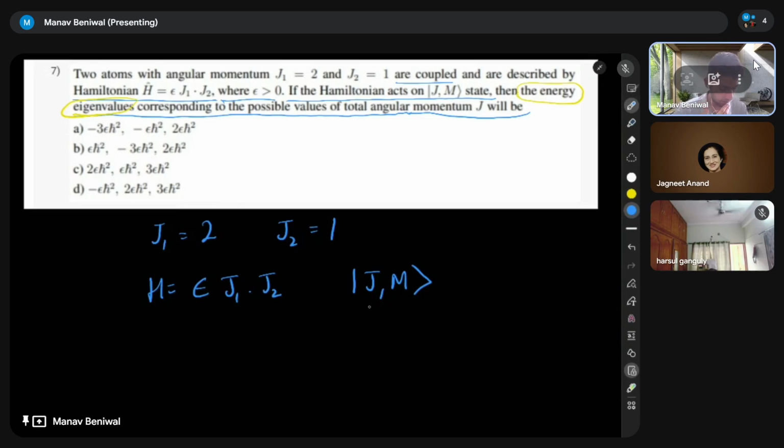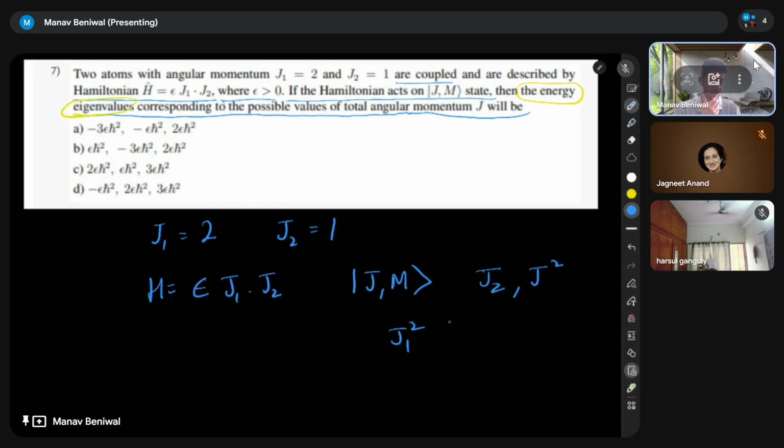This is our basis states, right? And what defines these basis states? These are defined by jz or j square, these kind of things. Correct? So basically, this j comma m state is not an eigenket of j1.